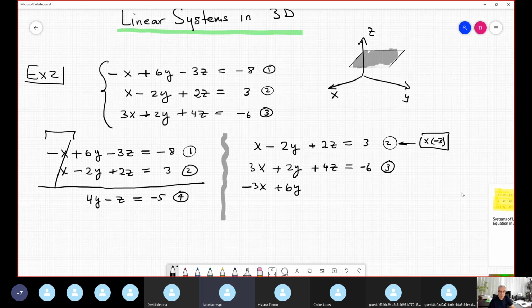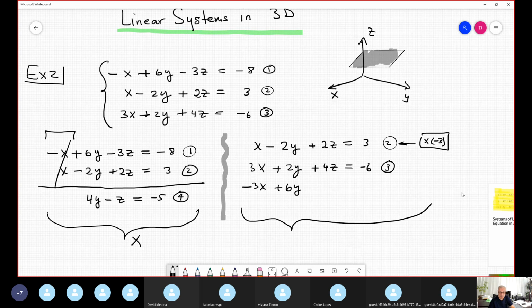Professor, why can't you cancel 2y? I know you can only do it with the same variable, but why can't you do it with the y? The reason you cannot do that is because in the first couple, you eliminate x. In the second couple, I need to respect that. I need to eliminate x, not y.